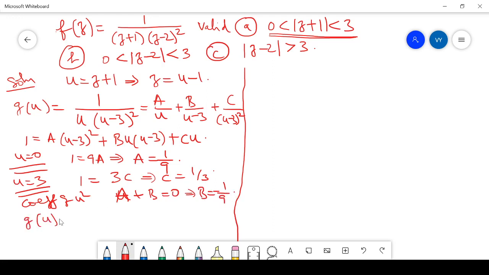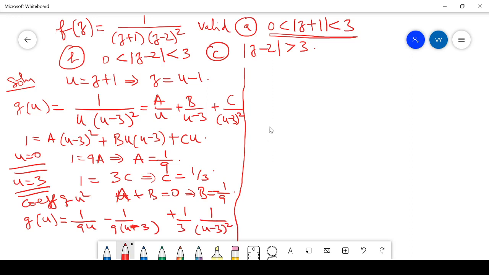So g of u will be 1 by 9u, and b is minus 1 by 9 into 1 by (u minus 3), plus c is 1 by 3 into 1 by (u minus 3) the whole square.